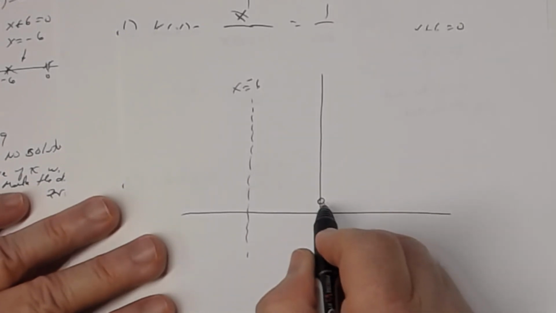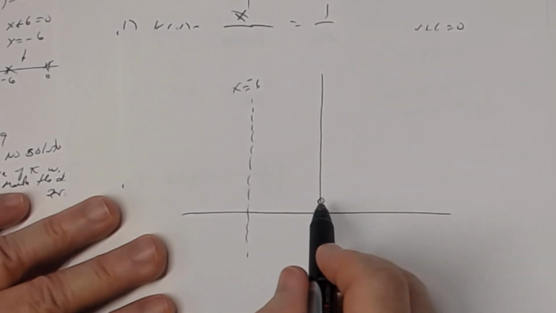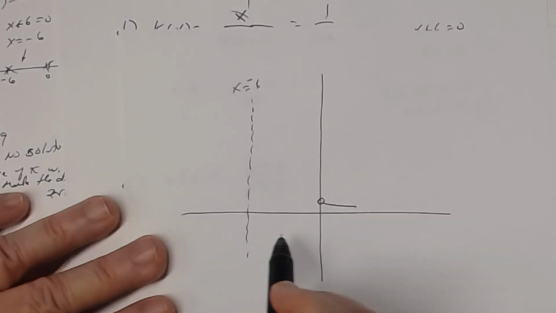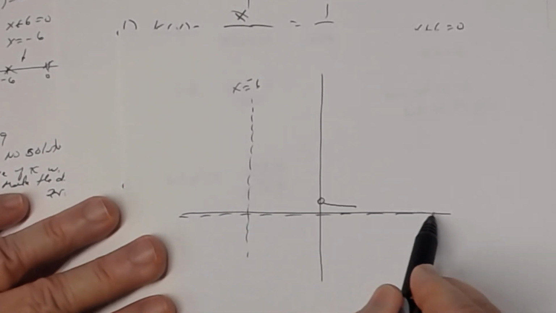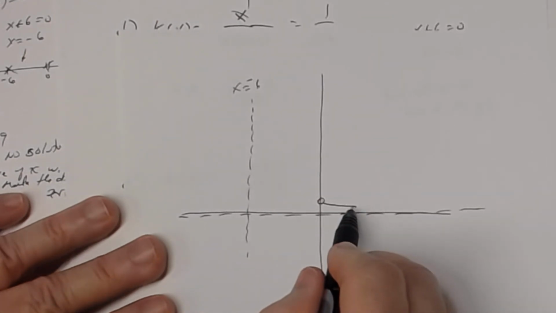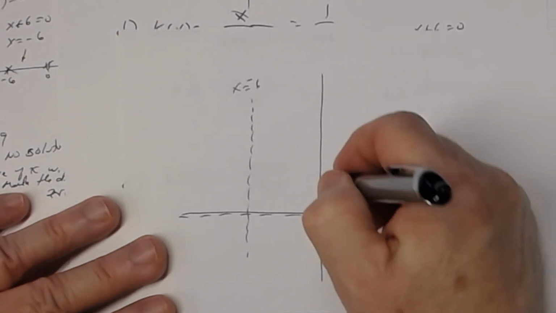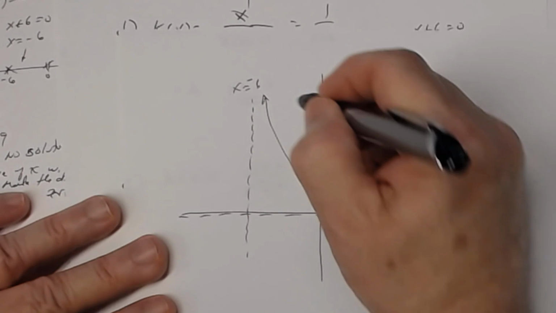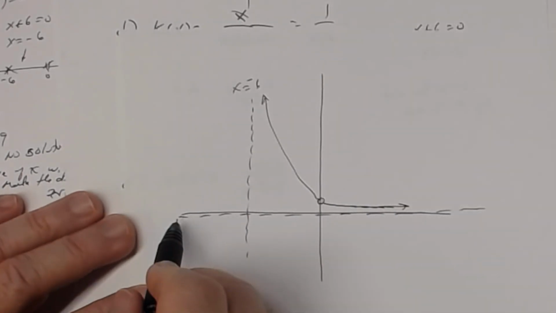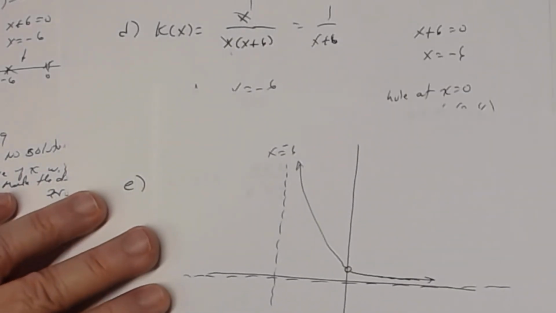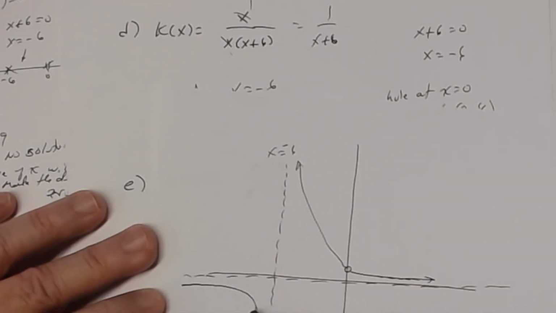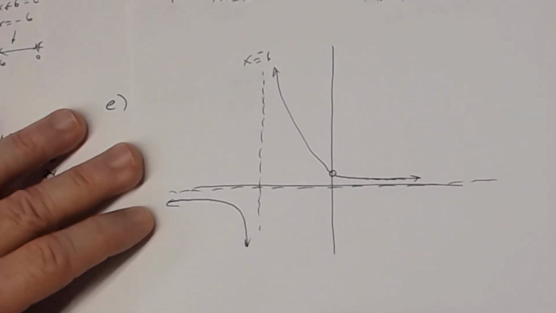There's a hole right here. And remember, this is your horizontal asymptote, and your graph goes towards these horizontal asymptotes, just like this. On this side, you're going to get something like this, since this is negative 6. Okay. All right. So that's what the graph looks like.